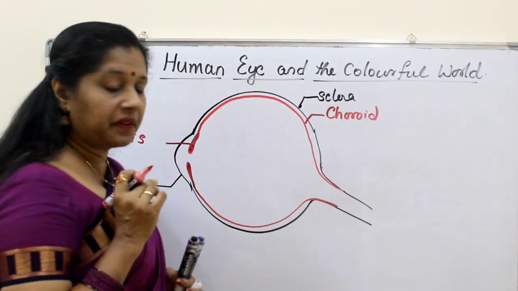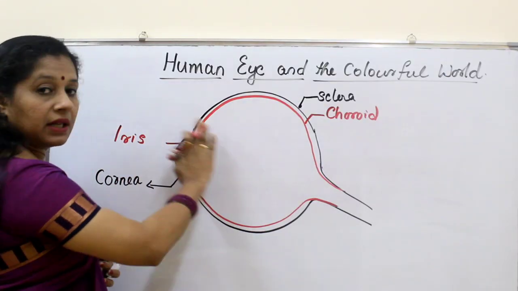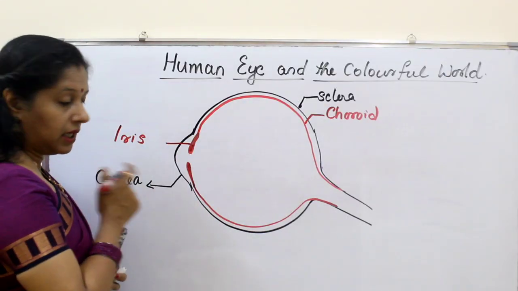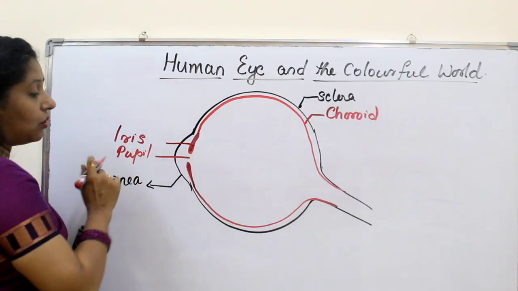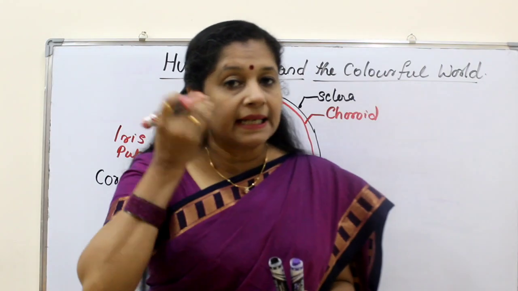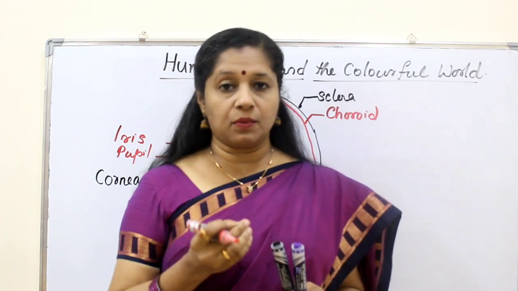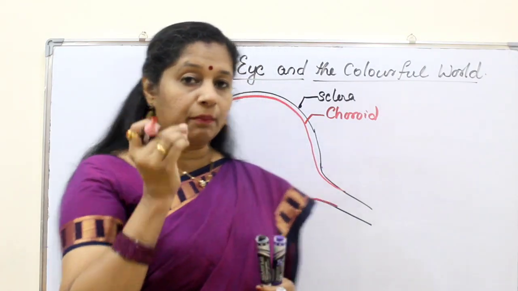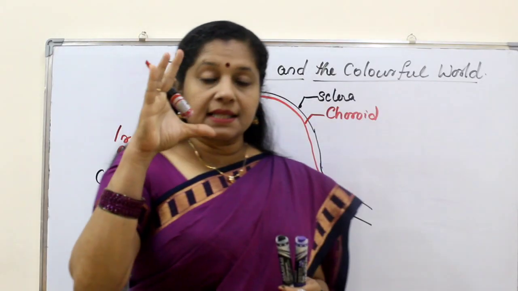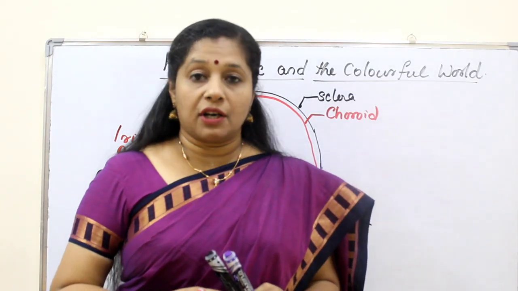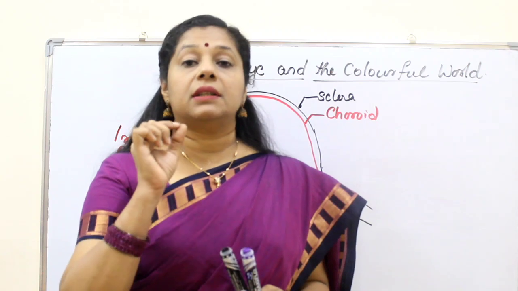Now what is the function of the iris? It is a circular structure, and in the center there is a hole. That hole is called the pupil. Through the hole the light enters the eye, because there should be an entrance for the eye, right? So regulating the size of the pupil is the function of the iris.